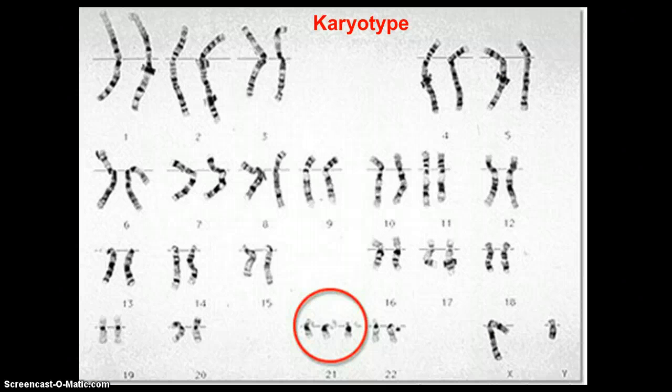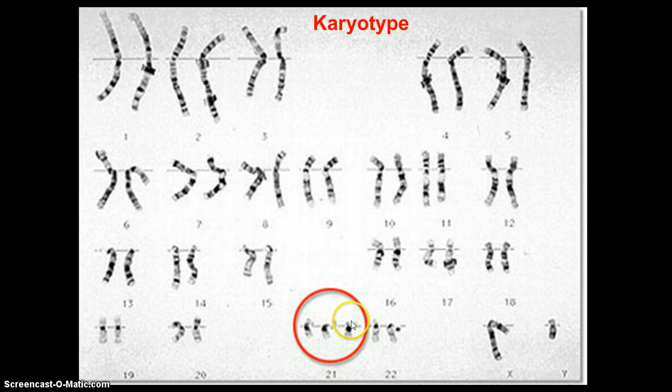Here we have a karyotype. And you can notice here we have 1 through 22 here. But we have an extra set right here, 1, 2, 3, which is chromosome 21.